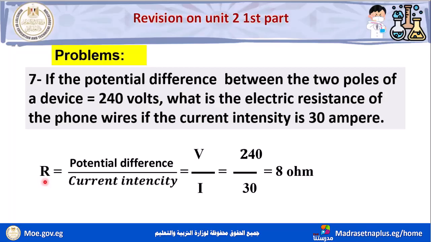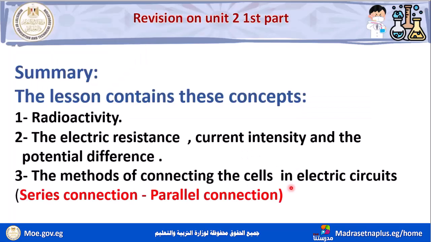Resistance equals potential difference V divided by current intensity I, equals 240 divided by 30, equals 8 ohm.